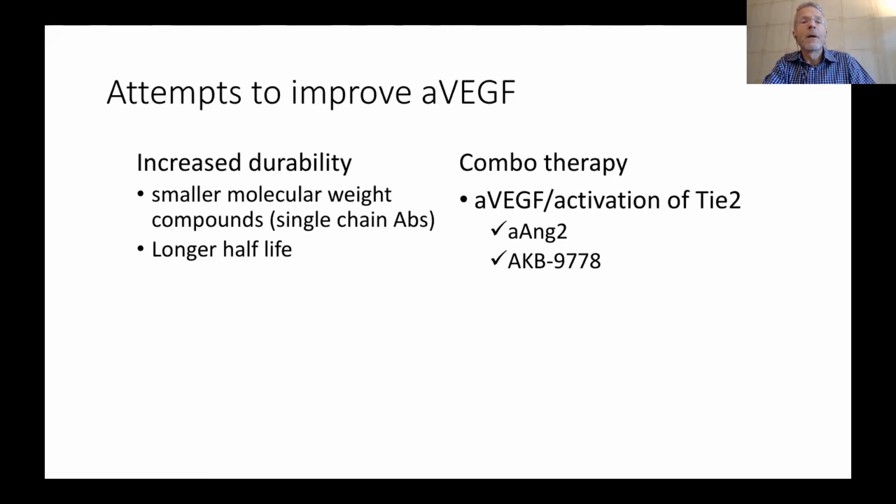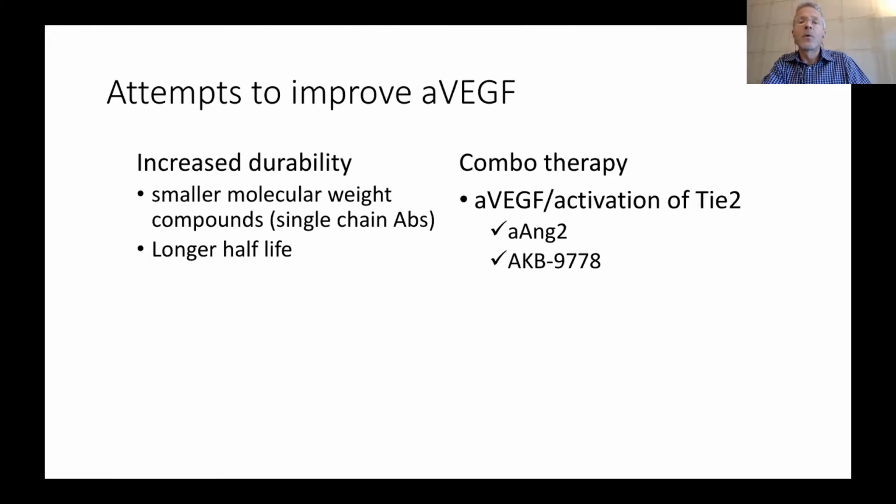So the attempts to improve anti-VEGF, we talked about increased durability, and more recently a combination of closing the barrier or preventing the barrier from opening by neutralizing VEGF. And then this activation of Tie2 may be functioning by closing the barrier.